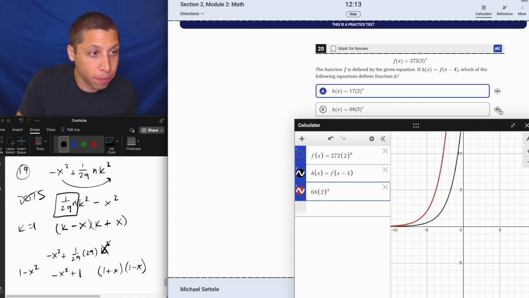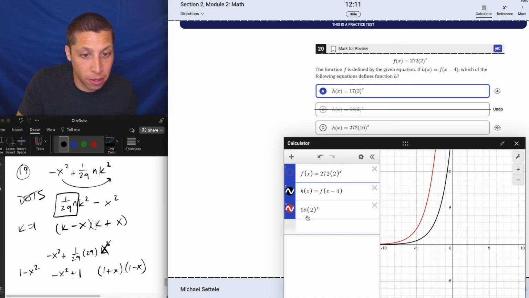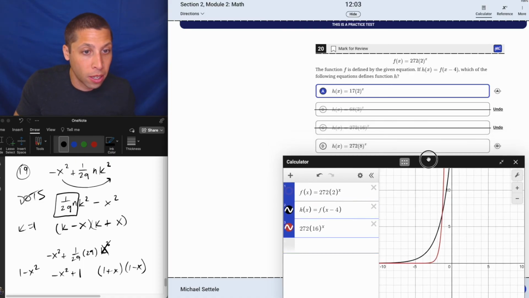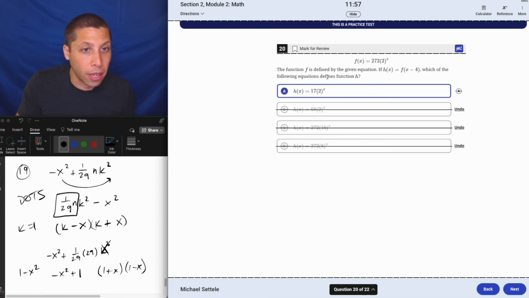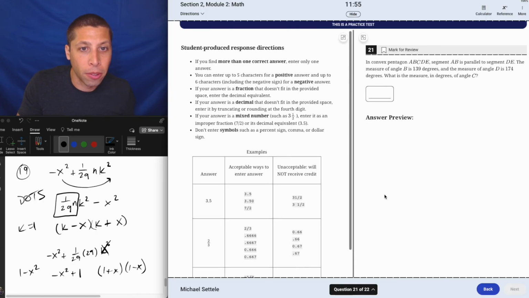Nope, that's different. This would be 272, 16, so that's different. And this would be 272, 8. That's different. Done. Nice. That's why you skip around when you get to hard stuff. Some stuff's easier if you just put it in Desmos.